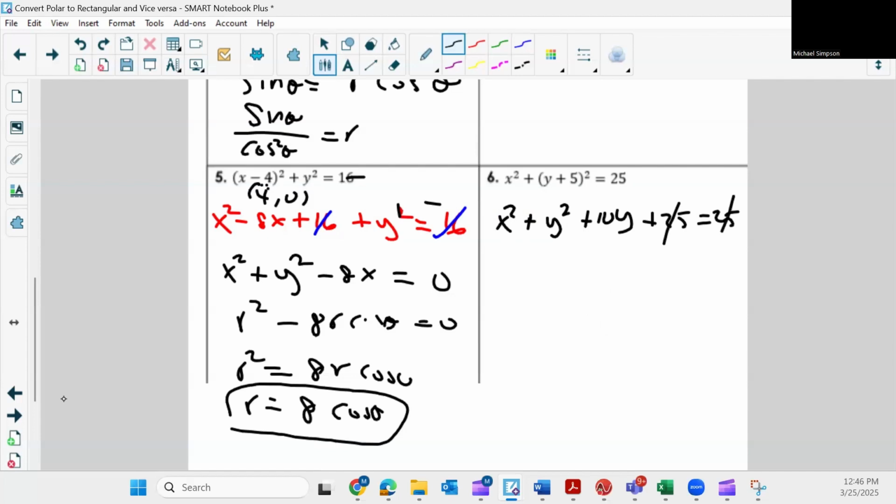Cancel the 25. That gives you r squared plus 10y. What is y equal to? y is equal to r sine theta. Remember, look at your packet. It tells you y is r sine theta. So now we have r squared plus 10 r sine theta is equal to 0.